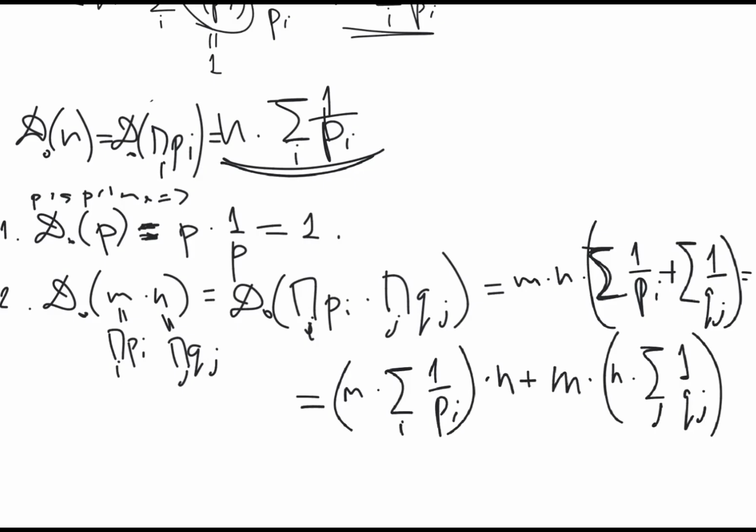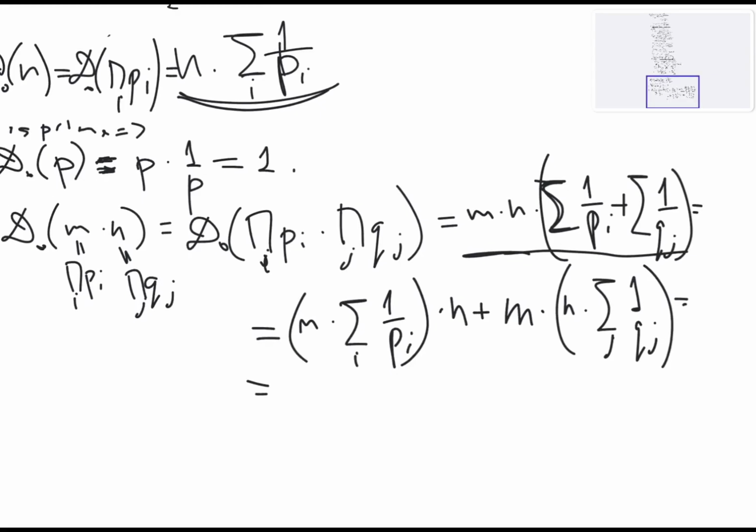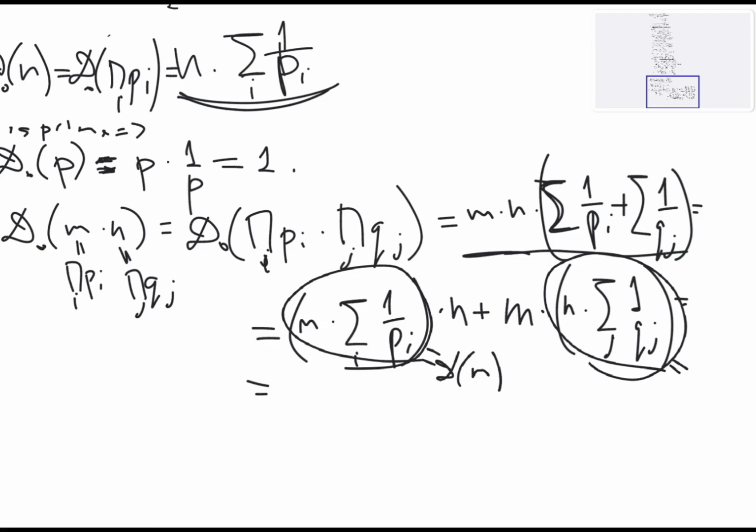I simply grouped this expression differently. And this expression is exactly d0 of m, and this expression is exactly d0 of n.